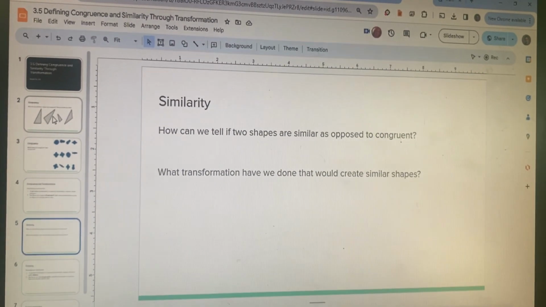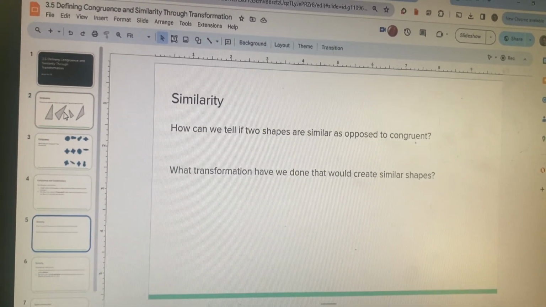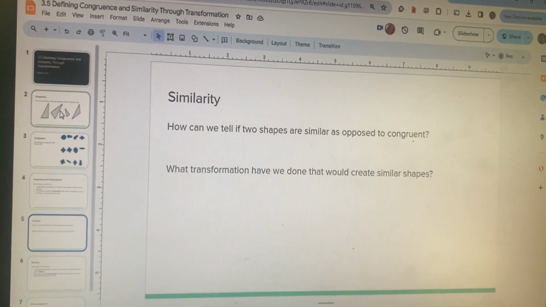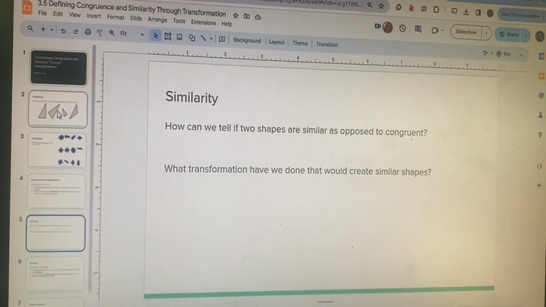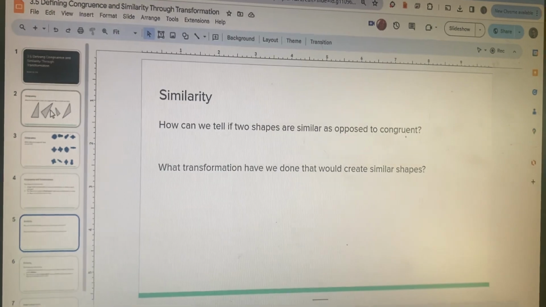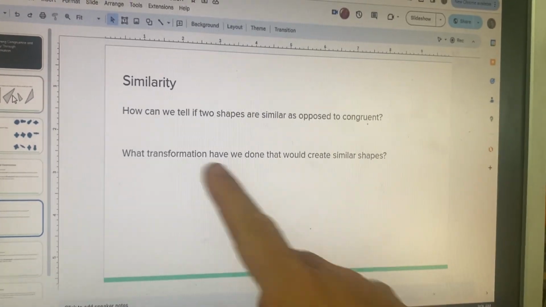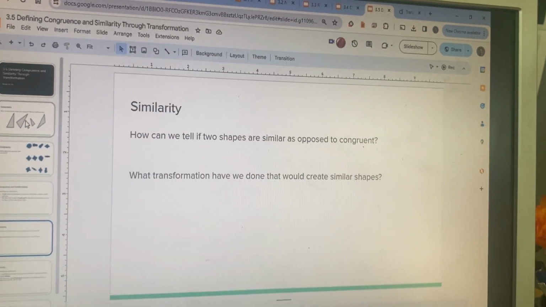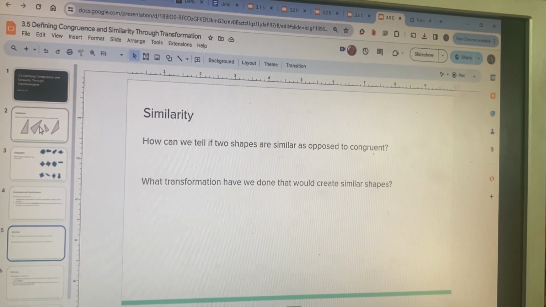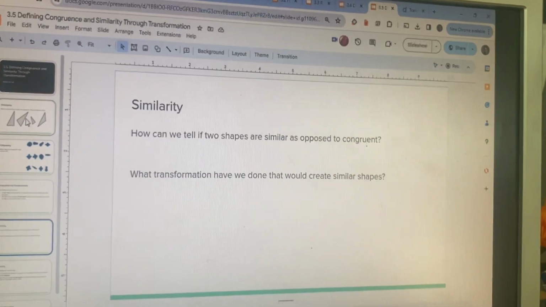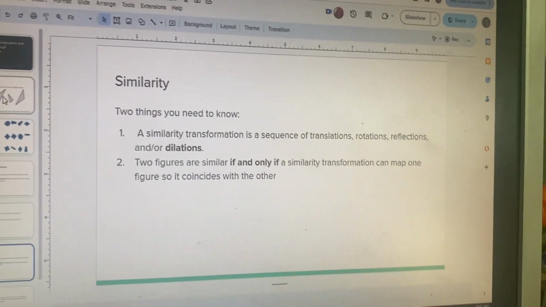When it gets into other shapes, a square and a rectangle both have all right angles, and they are not similar in that geometric sense. So it has to be pretty specific. The transformation that creates similar shapes is dilation. We shrink it down, we make it bigger, but we don't change the angles.